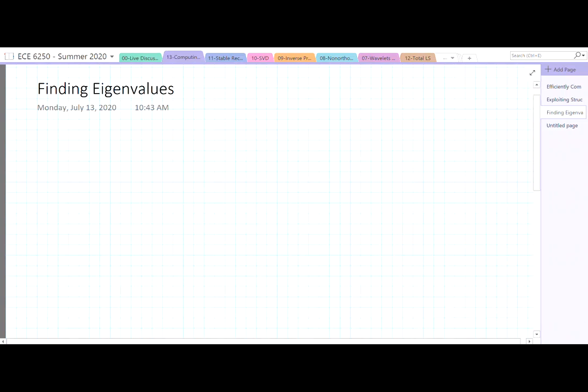Welcome back. So we're talking about computing some of these least squares solutions, and one of the things that comes up frequently is eigenvalue decompositions. We have worked through how to compute eigenvalues if you have a 2 by 2 matrix that's symmetric, and that's pretty easy.